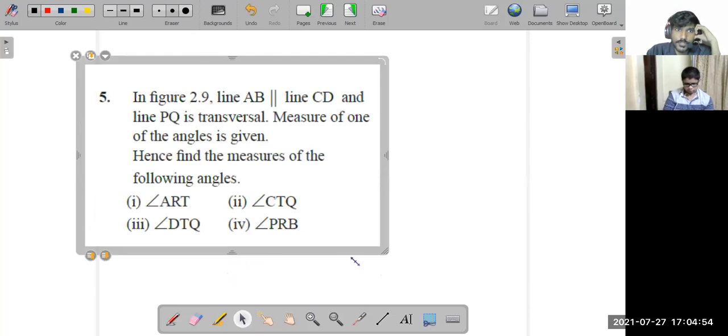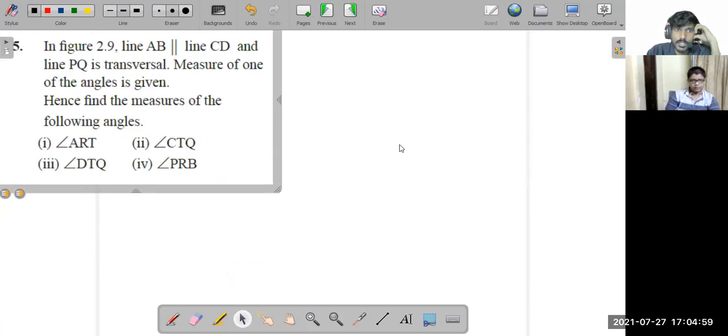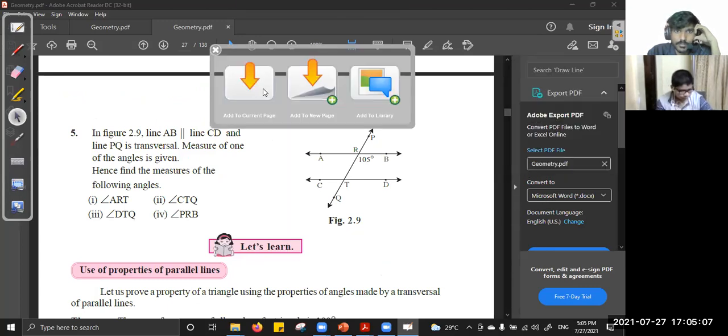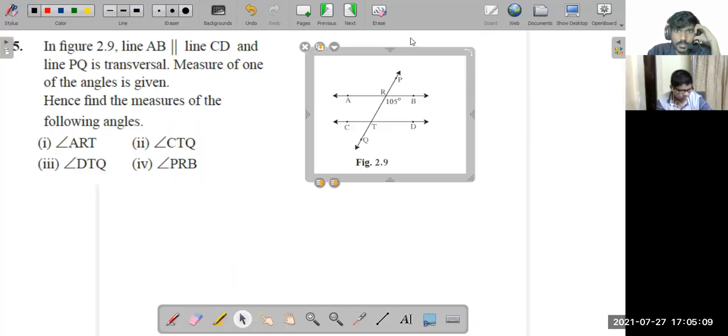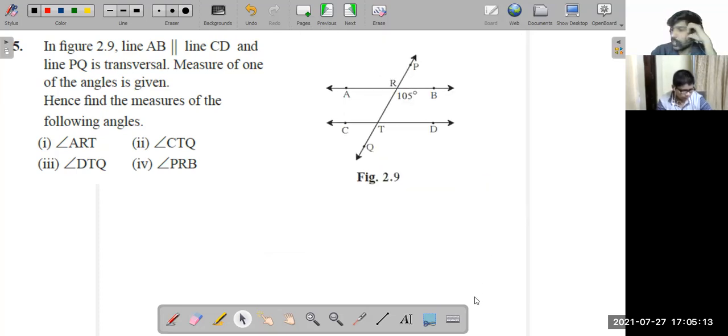So let's do the fifth one. You gave me that in homework. Fifth one, you did it? Yes, sir. Okay, we'll discuss then. Let you tell me the answers. What answers you got? So first, you have to find out angle ART. It's 75 degrees.